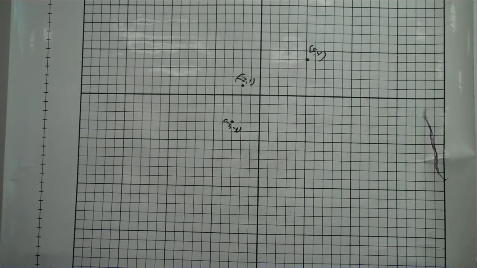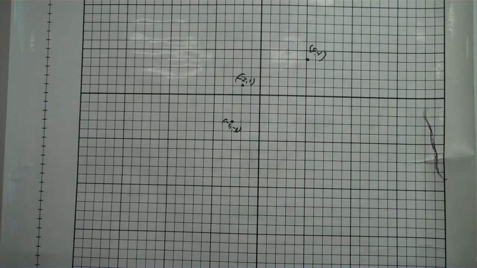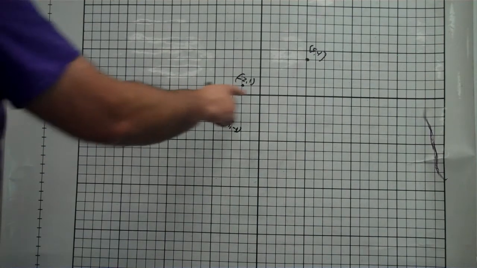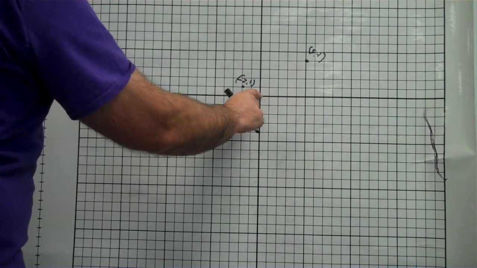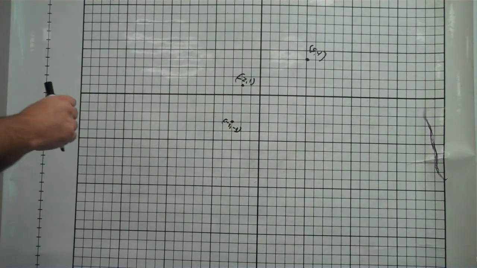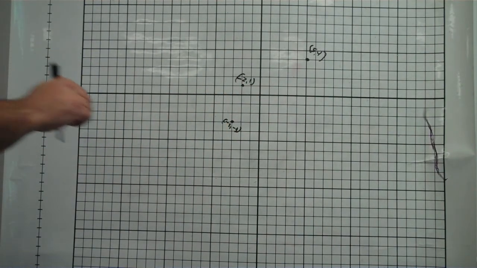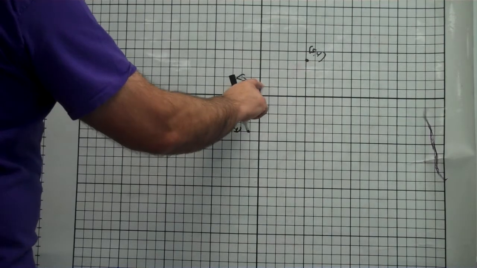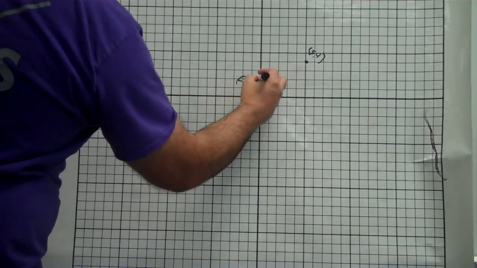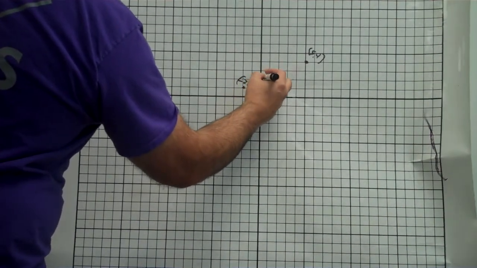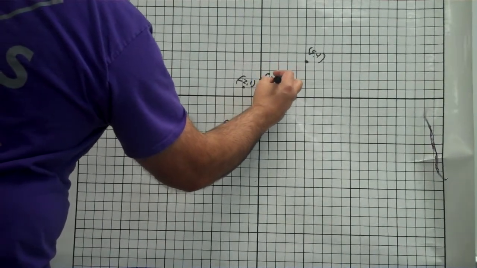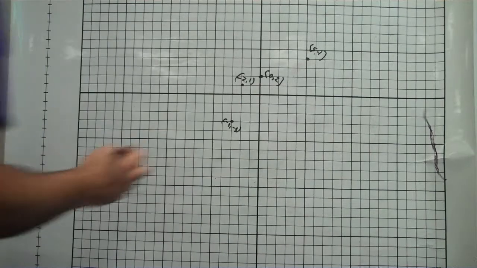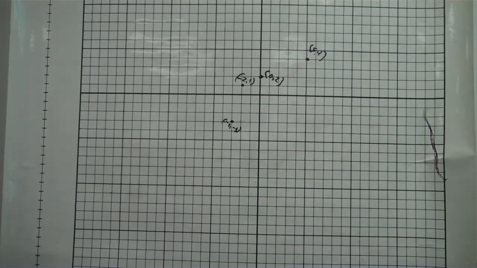For a point like 0, 2, well, 0 means we're not going to go anywhere on the x-axis. We're going to stay right there. But 2 for the y value means we're going to go up 2. So we're going to go up 1, 2. And our point in this case is on the y-axis at 0, 2.